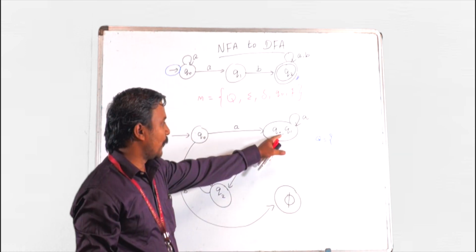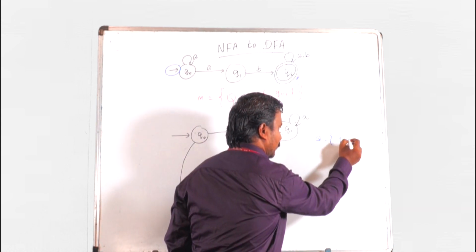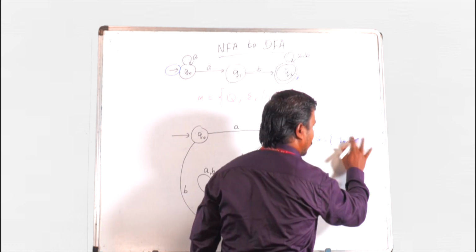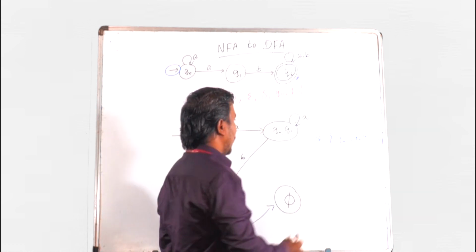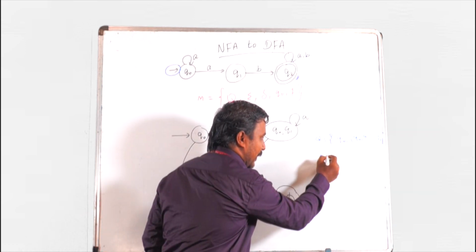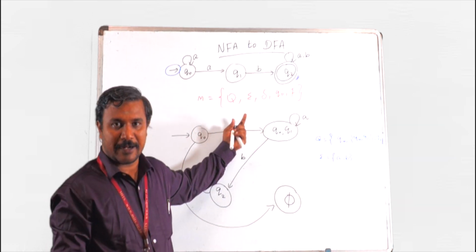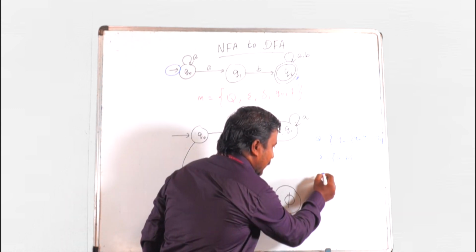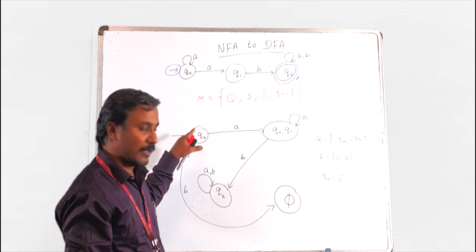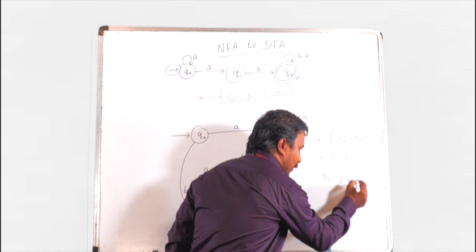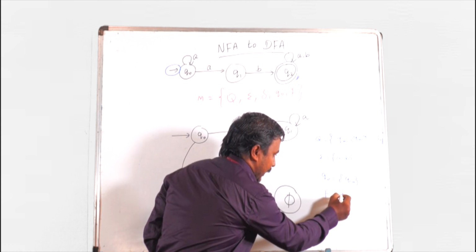It will be Q0, Q0 Q1, Q2 and the null state. Next is sigma, the set of input symbols, that is A comma B. Then the delta transitions, which we have already identified. And then what is my starting state? The starting state is always my NFA starting state, which we started with as Q0. So Q0 will come here, and then we need to identify the final state. The last one is the final state, Q2.